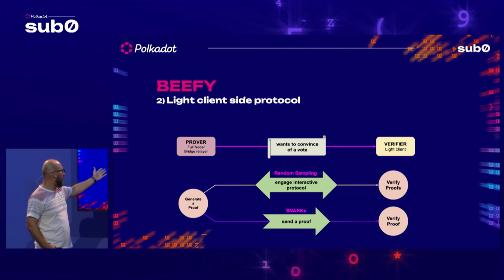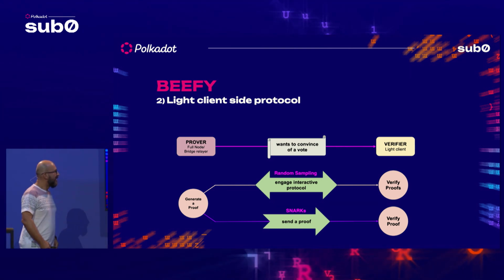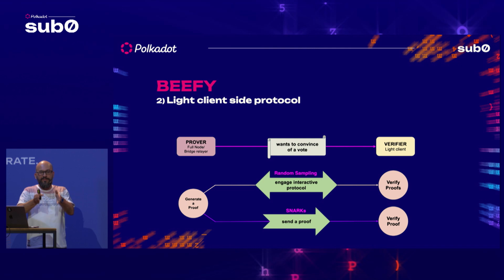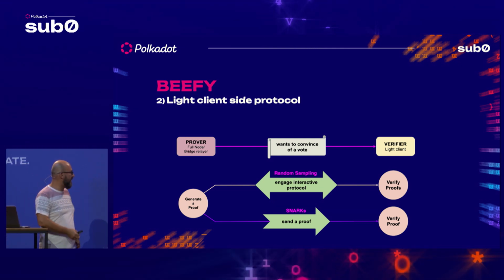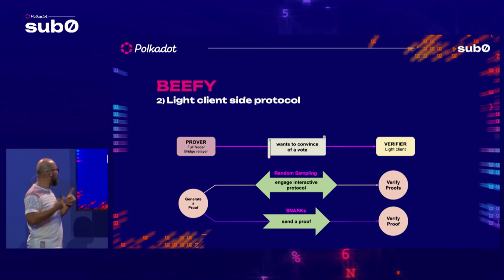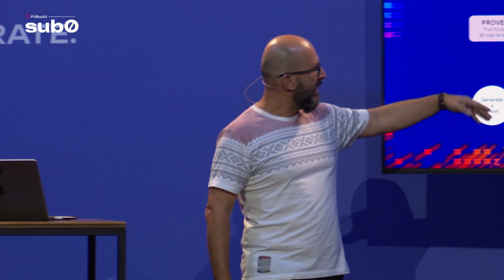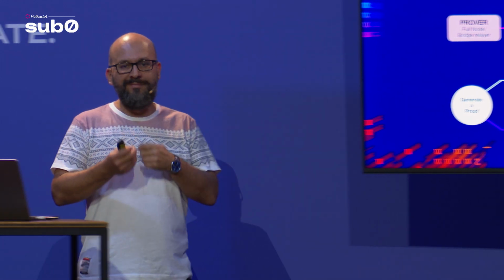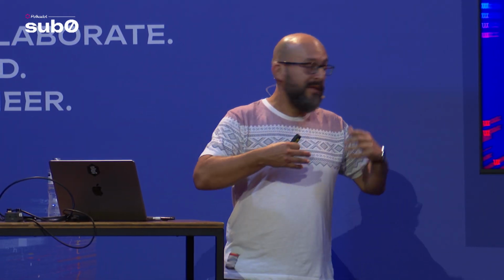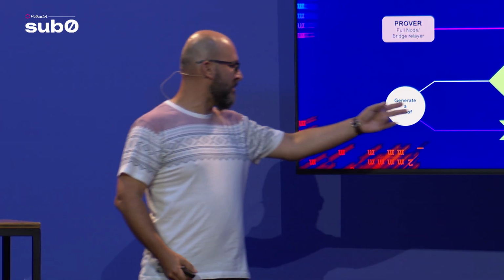And this prover wants to convince some verifier, which is the light client, that a vote has been done and validators agreed on this block, right? There are actually two different ways of implementing this. The first one is what you call the random sampling approach, which makes the prover and verifier engage in an interactive protocol. And then there's the second approach, which is using SNARKs.